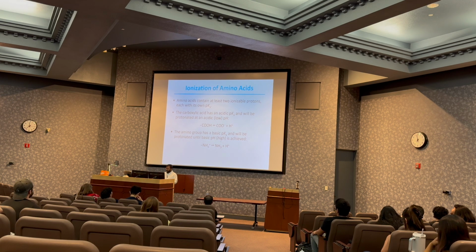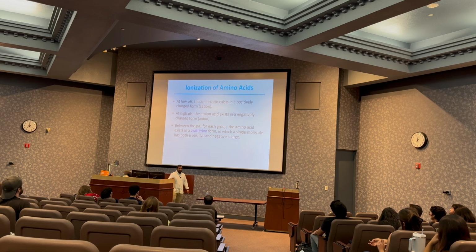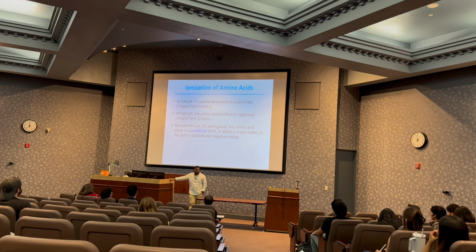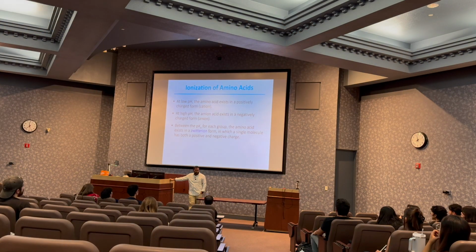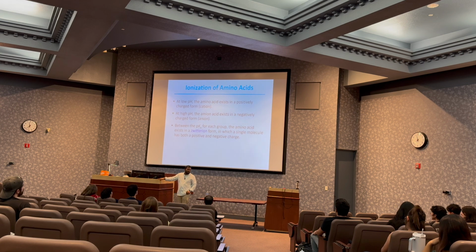Okay, it's common. And Zwitter ion, can anyone define Zwitter ion for me, please? Okay, it's called Zwitter ion. And do you remember at what pH we can see Zwitter ion? 7 is the correct answer.